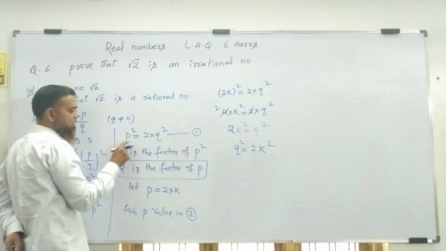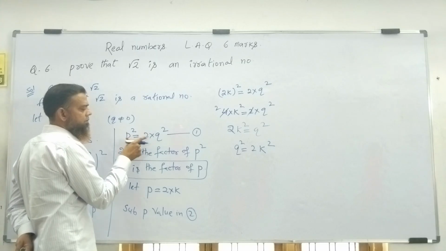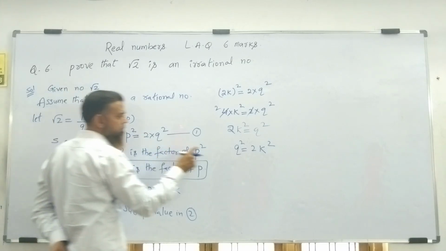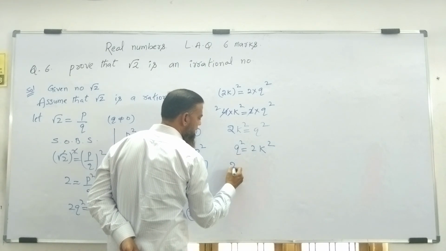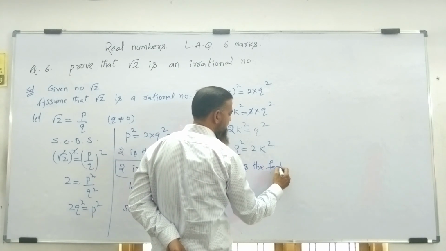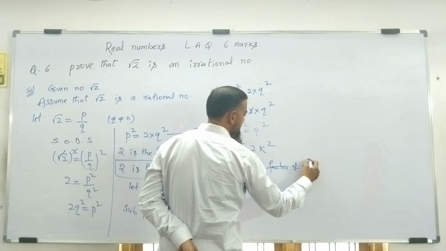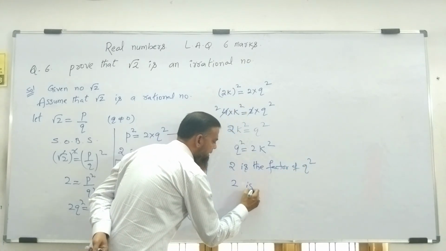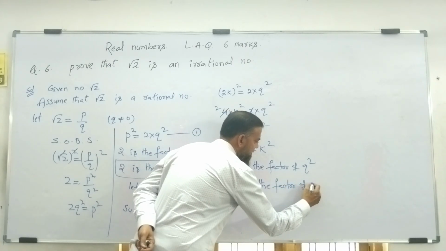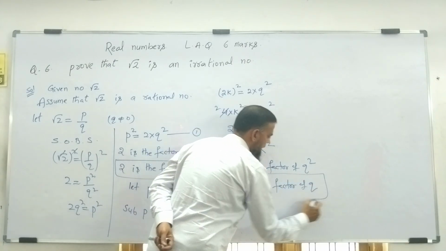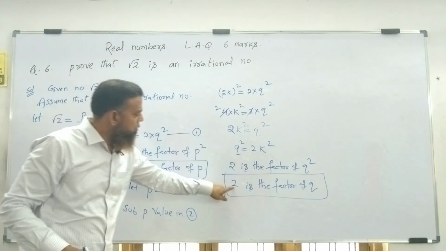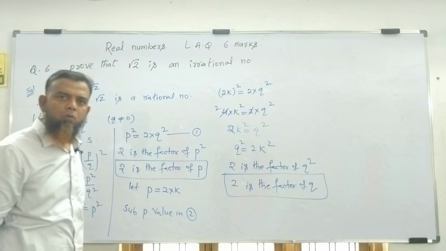When the equation was like this, what did we write? 2 is a factor of p square. Now here, 2 is a factor of q square. Then automatically 2 is a factor of q. Now you say: 2 is a factor of p, 2 is a factor of q.